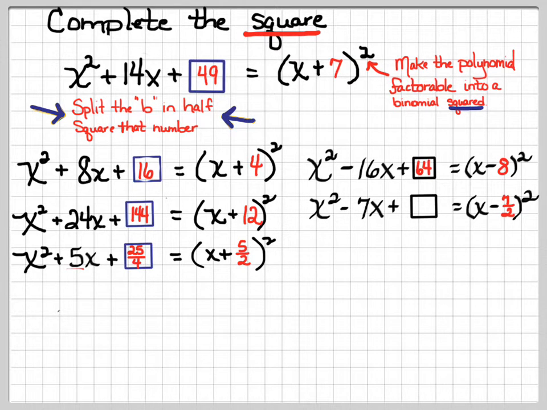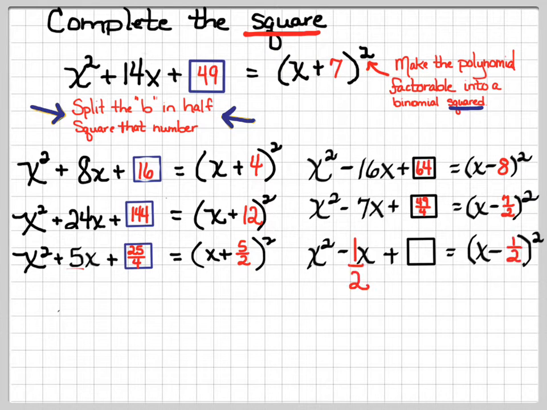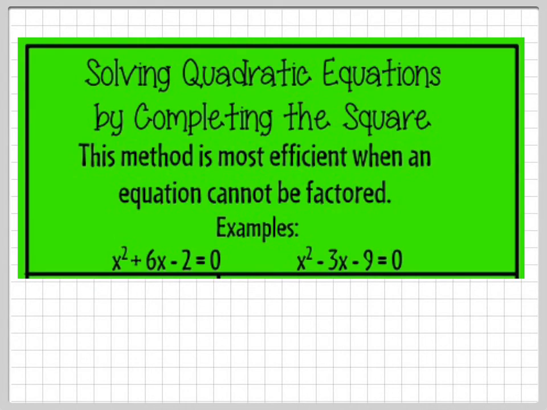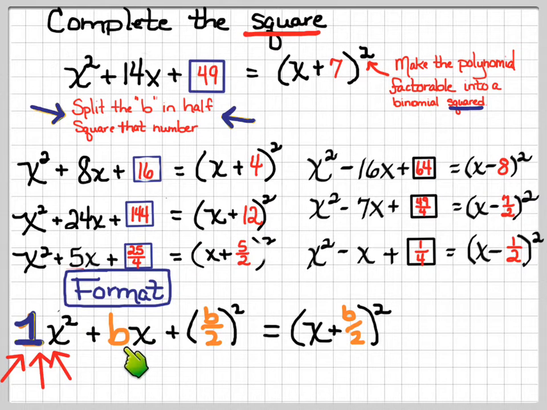Square negative 7/2, and you get positive 49/4. Split negative 1 and a half, and you get 1/2. Square 1/2, and you get 1/4. All right, so the format here is, first of all, that the leading coefficient, or the value of a, is always 1. The value of this number here is the split of b, squared.